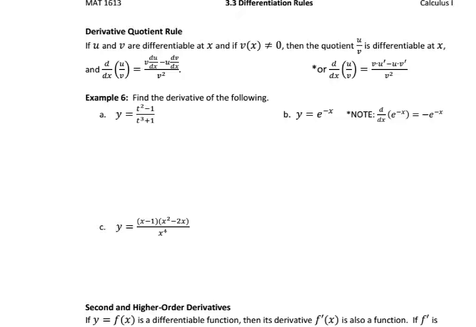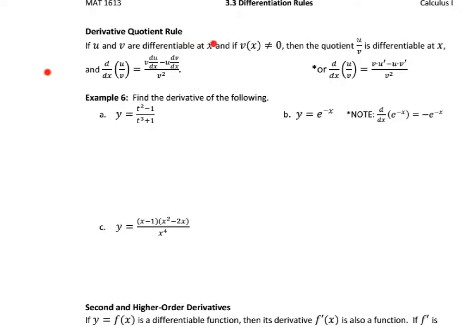Because you'll notice if you have u divided by v, you're starting with writing the bottom and then the derivative of the top, and then multiplying and then subtracting the top times the derivative of the bottom all over the derivative of the denominator squared.